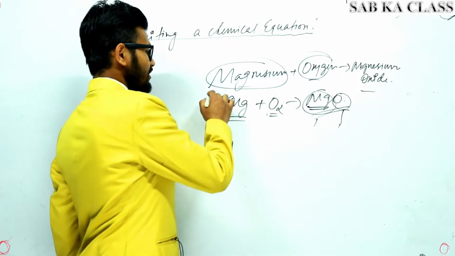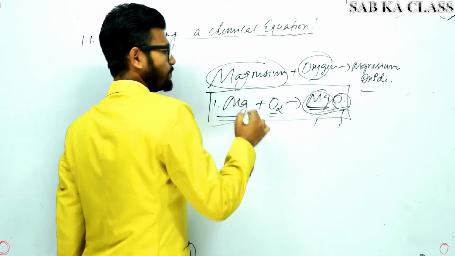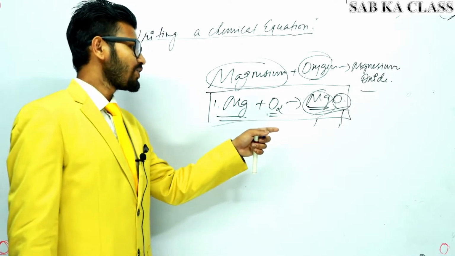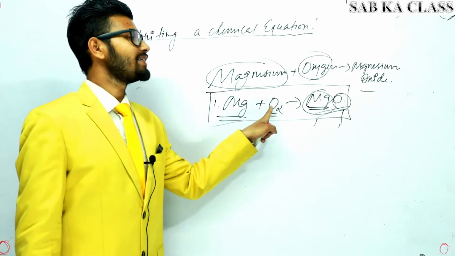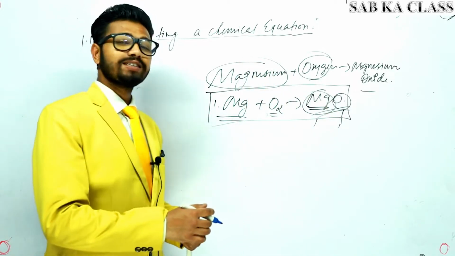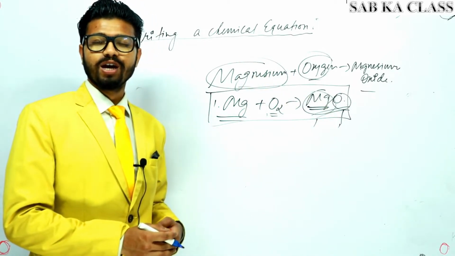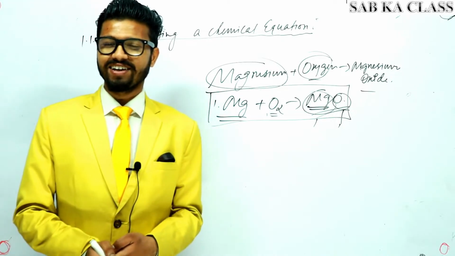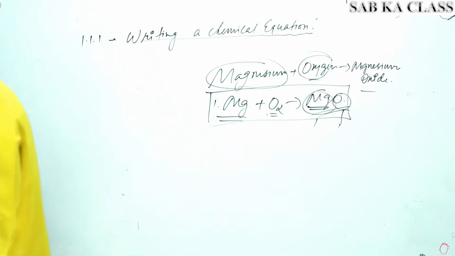So actually this is an improper or unbalanced chemical equation. It's unbalanced. You can see here are 2 oxygen atoms, but on the product side there is 1 oxygen atom. Such an unbalanced chemical equation is also called a skeletal chemical equation. What is it called? Skeletal chemical equation.